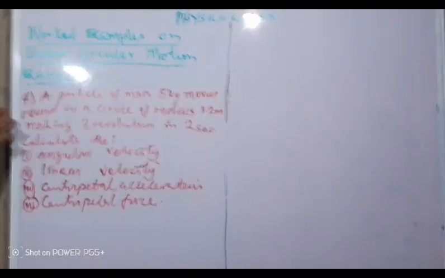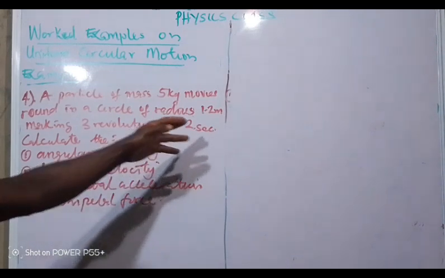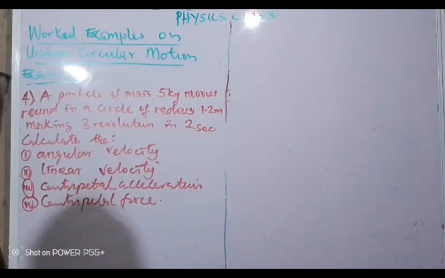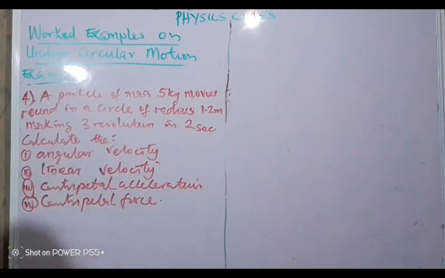Let's take this one as example 4. A particle of mass 5 kg moves round in a circle of radius 1.2 meter, making 3 revolutions in 2 seconds. Calculate the 1. Angular velocity, 2. Linear velocity, 3. Centripetal acceleration, 4. Centripetal force.